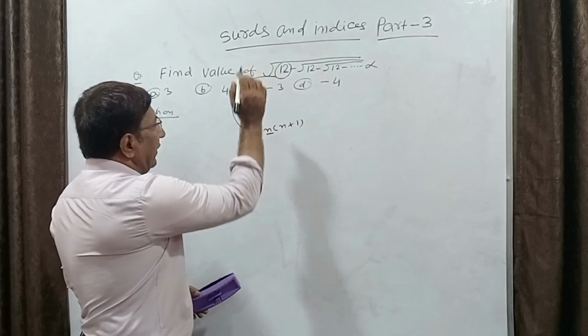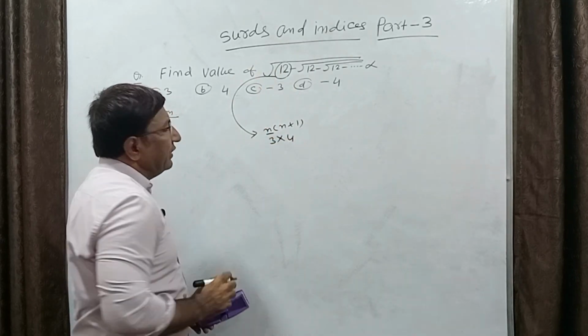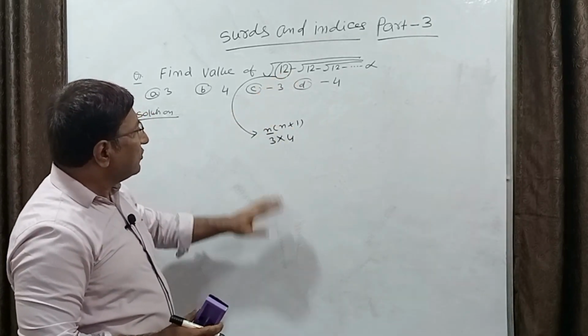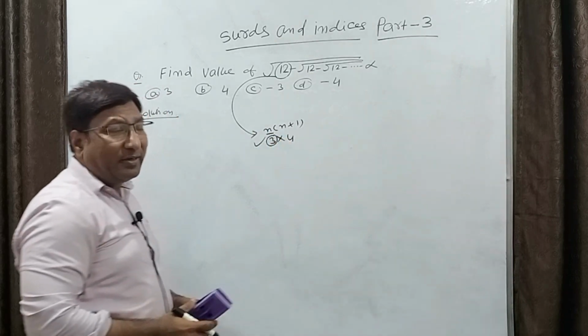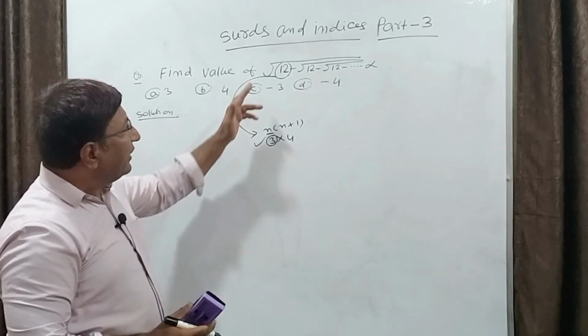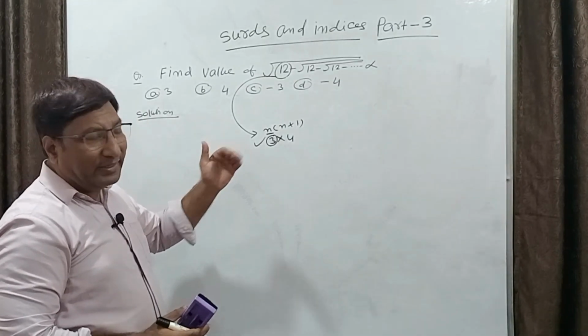So here 12 we can write as 3 into 4. Now this is minus, so the smaller one is 3. So 3 is our right answer. By the technique, you just read the question and give the answer.